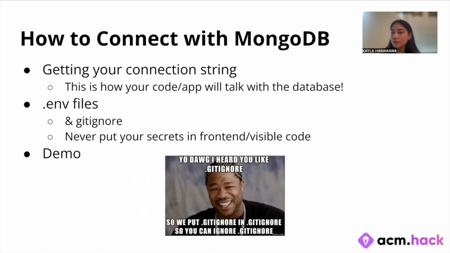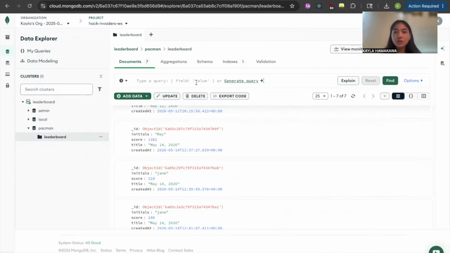What is typically done is you will put more sensitive information in a .env file, and then you'll put .env in gitignore. So you're going to get your connection string from MongoDB. I am not going to show my personal MongoDB string right now because, like I said, you don't want to be sharing that out with everyone.